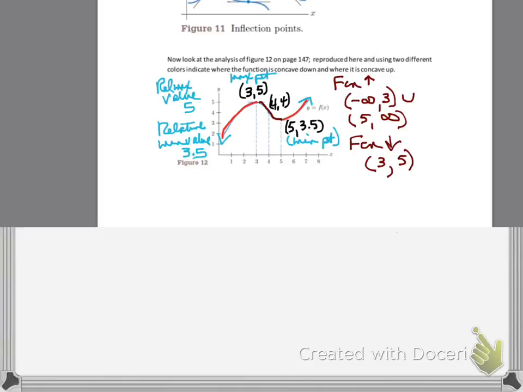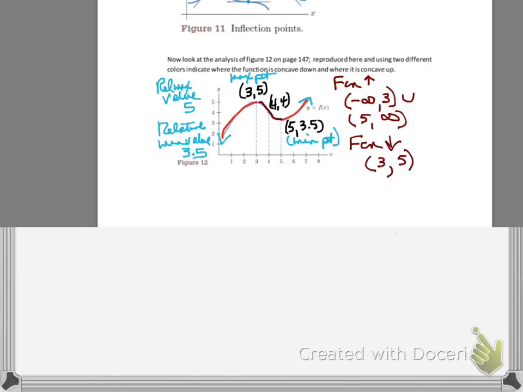All right, the last two things are concavity and inflection point. So let's change our color again. We'll go with a dark green. So where is our function concave down?